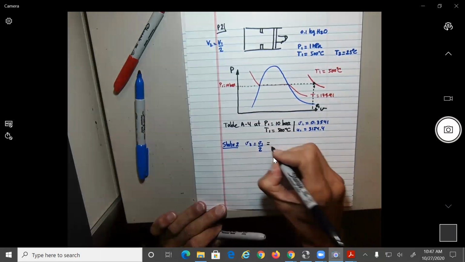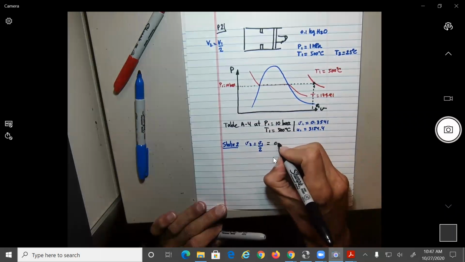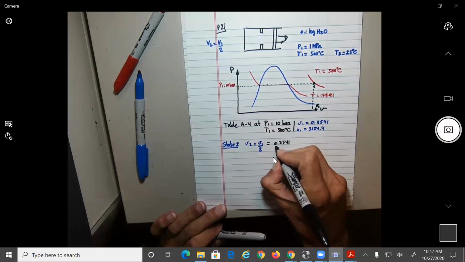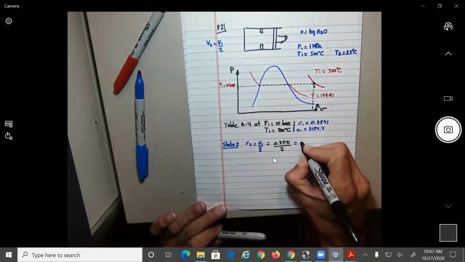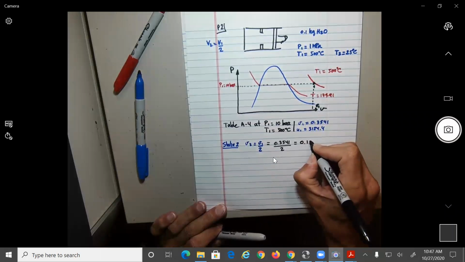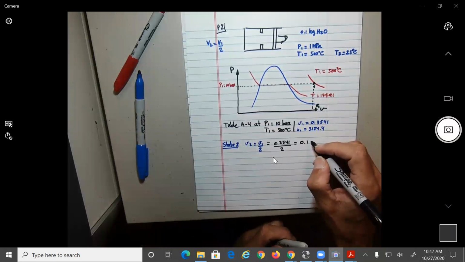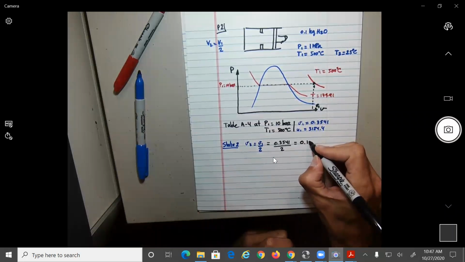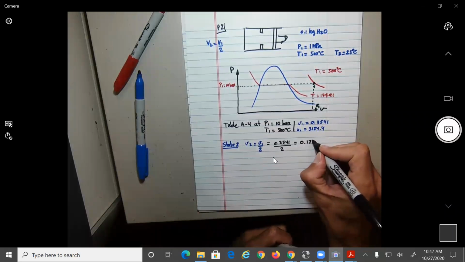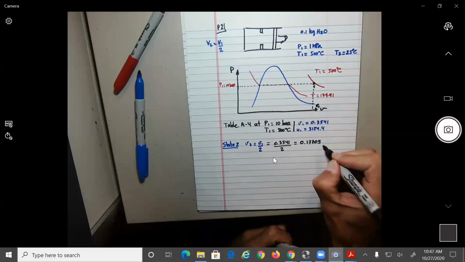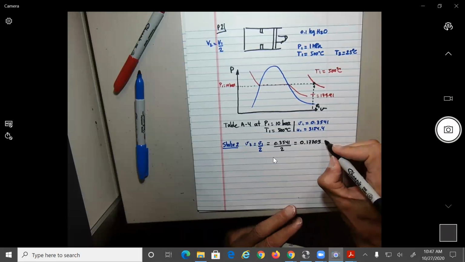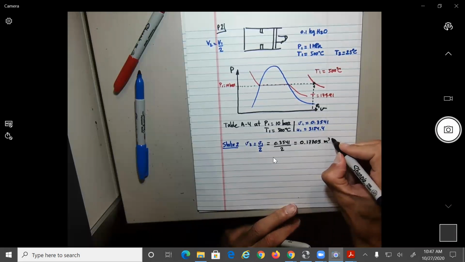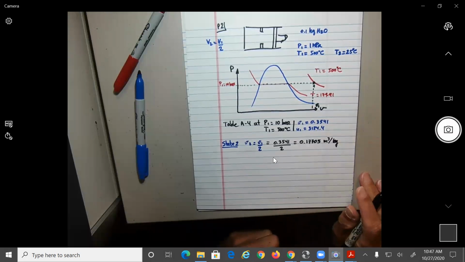So can you do a calculation for me? 0.3541 divided by 2 will be 0.17705, and this should be cubic meters per kilogram.